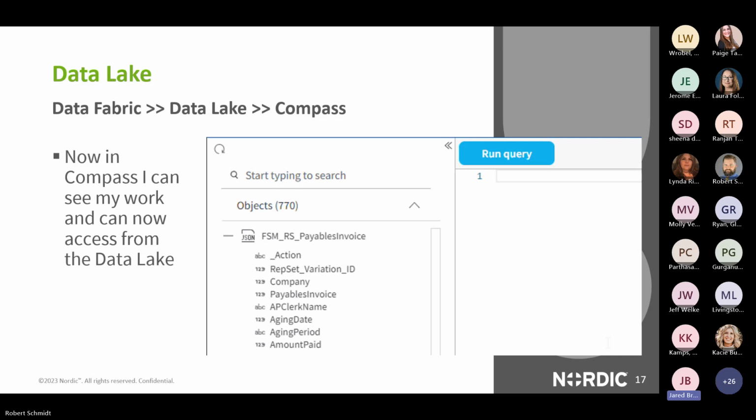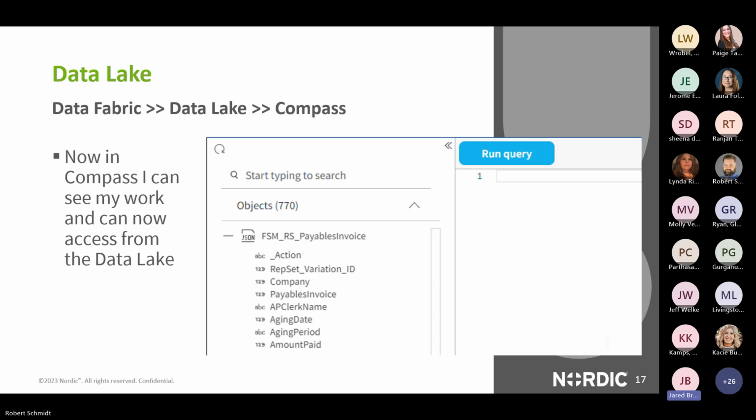Now there's a little icon here. It says JSON. It's a little bit misleading. That's not necessarily a JSON object that we're looking at and interacting with in Compass. But what that icon tells us is where that file comes from. That table is populated by a JSON file.